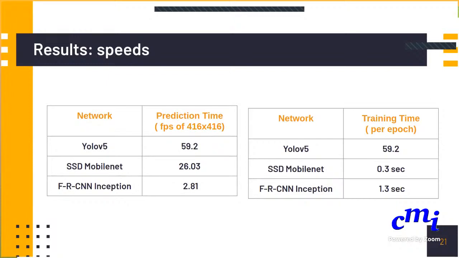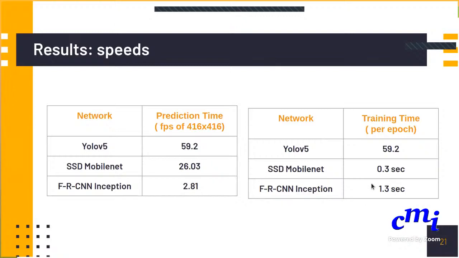When we talk about training time per epoch, for YOLO V5 it was slightly less than 4 minutes per epoch, while for SSD MobileNet it was 0.3 seconds per epoch. So we thought we could go for quite a few more epochs, and to make sure the results were consistent with each other, we went for the Faster RCNN Inception model too.